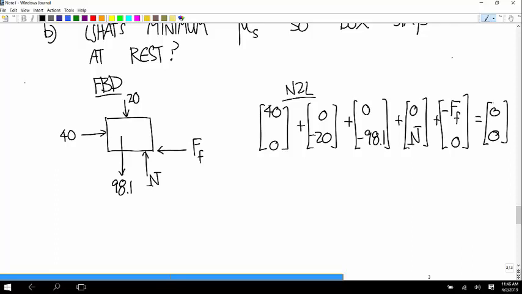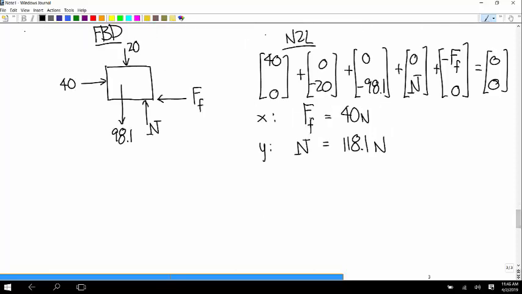These equations look the same as they did before. So we see that the force of friction required is 40 newtons. And we see that the normal force is 118.1 newtons. But now we're going to say that this friction force, 40, is equal to the maximum static friction force.